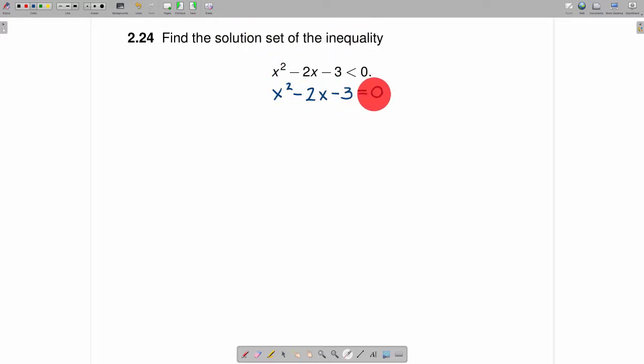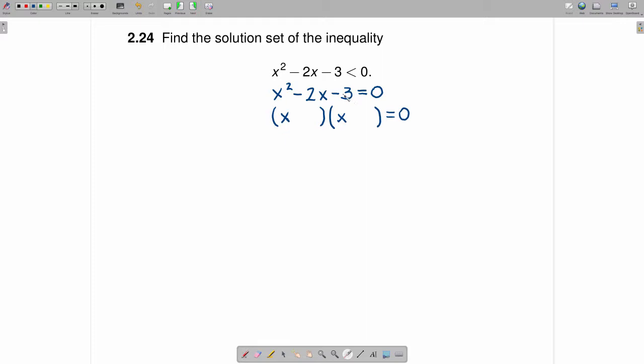So let's just proceed with this problem just like it was saying solve for x, and then we'll come back to the original question in a minute. So in this case, the first thing we'd try to do is factor this if we could, and if we can't, then we would move to the quadratic formula or completing the square. Because there is an x squared right here, we put an x here and an x there.